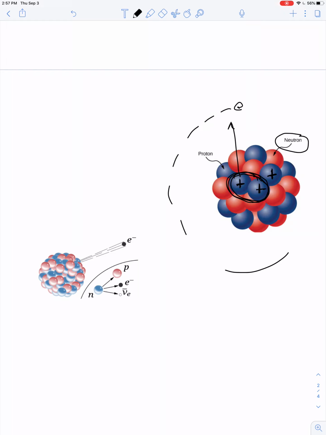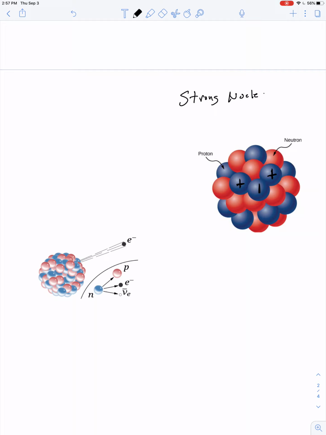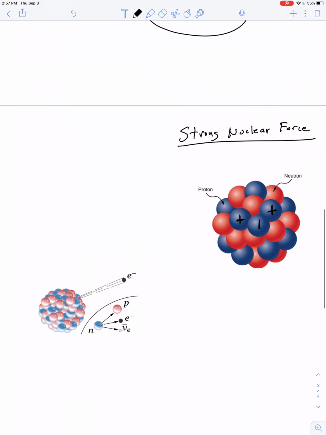So the reason that a nucleus can hold together without all the protons repelling each other and flying apart is due to another one of the 4 fundamental forces known as the strong nuclear force. And it basically is a force that really doesn't exist over long ranges.